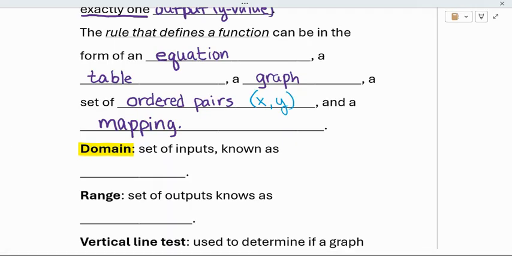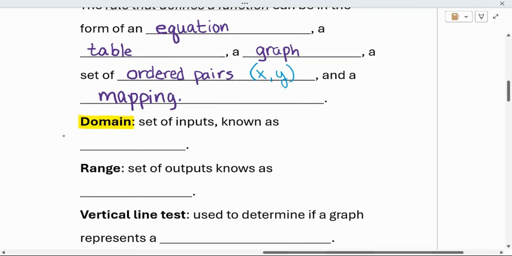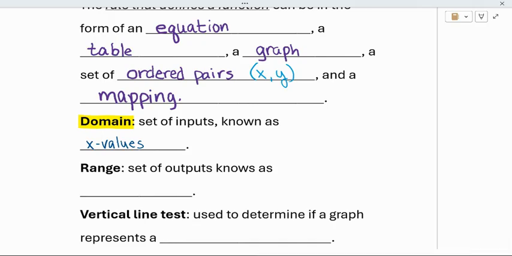We have 17 minutes. The set of inputs, domain, is the set of inputs known as your X values. The range is the set of outputs known as the Y values.